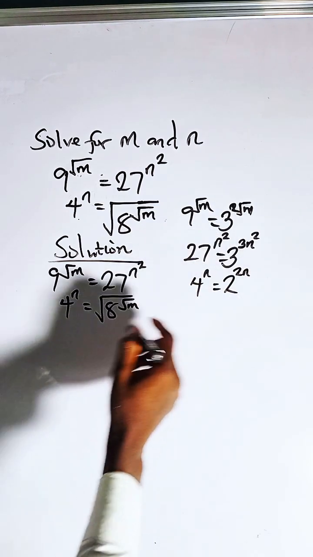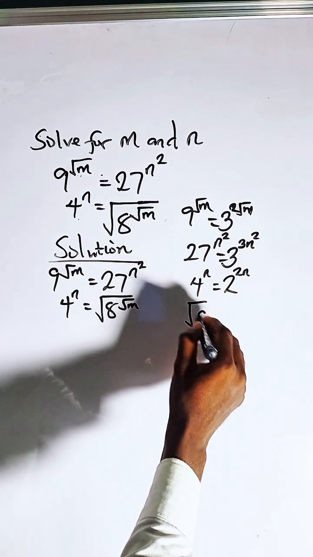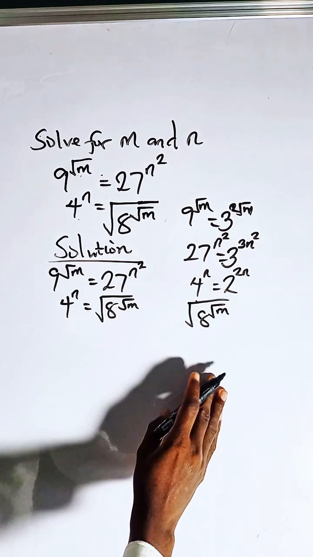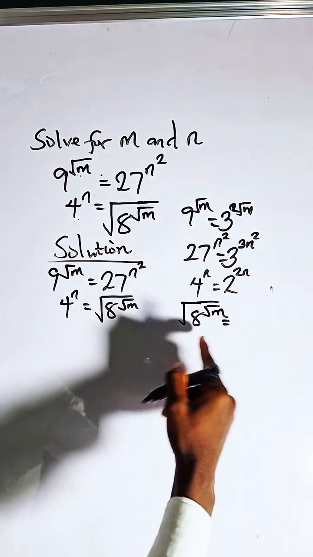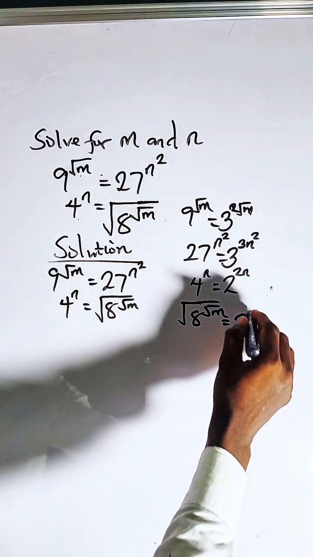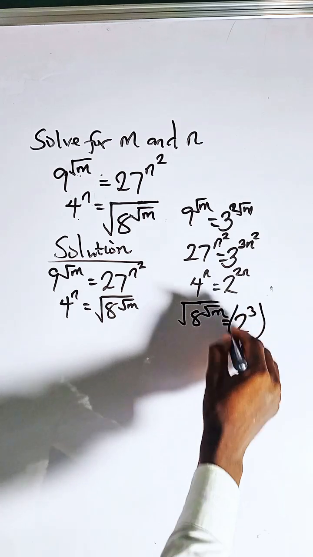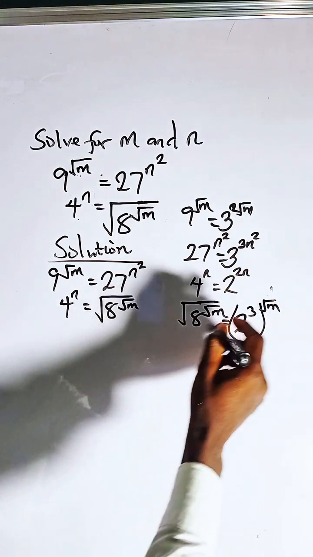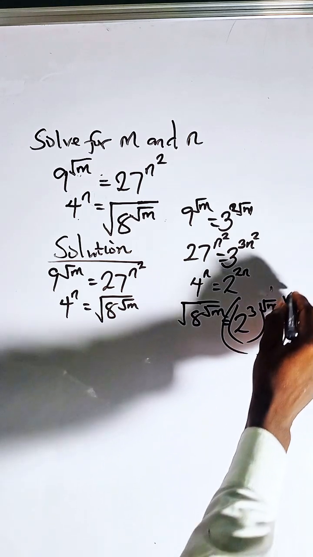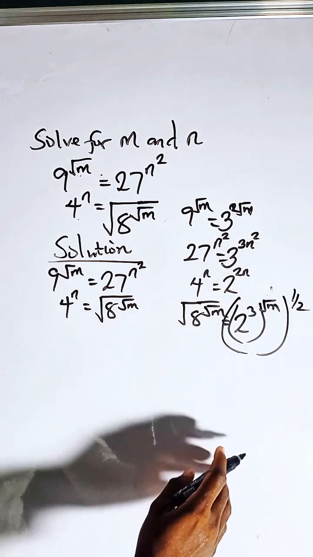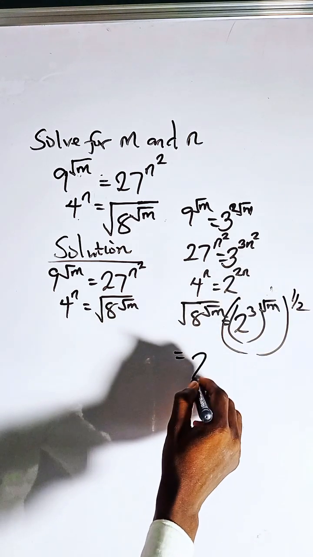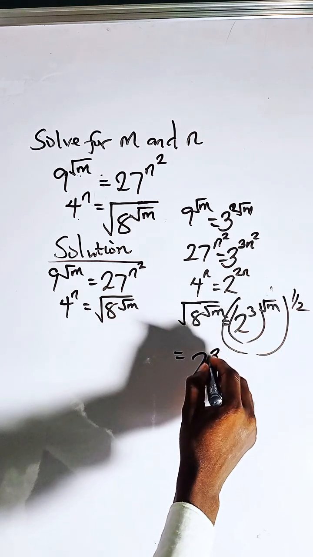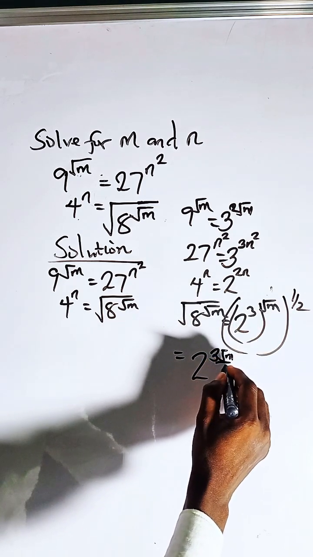For square root of 8 raised to power root m, 8 is 2 raised to power 3, and the square root is 1 over 2, so when we multiply this, we have 2 raised to power 3 root m over 2.